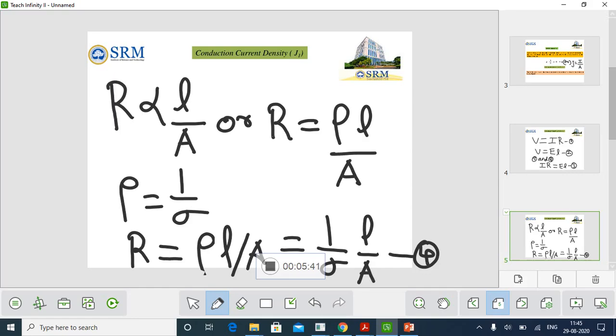Now, substitute equation 4 in equation 3.